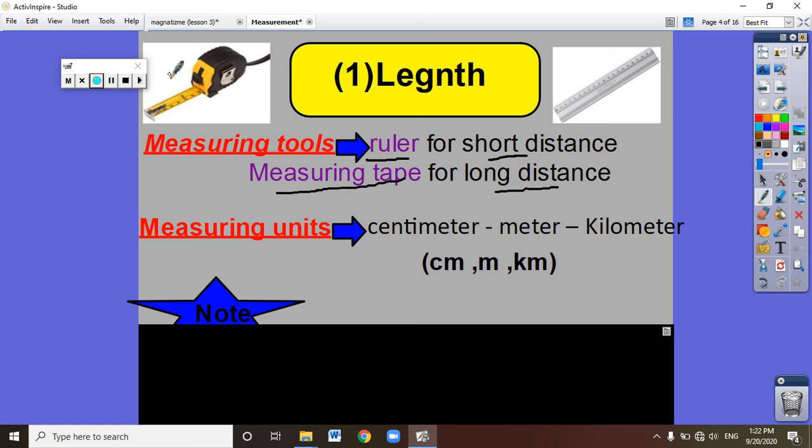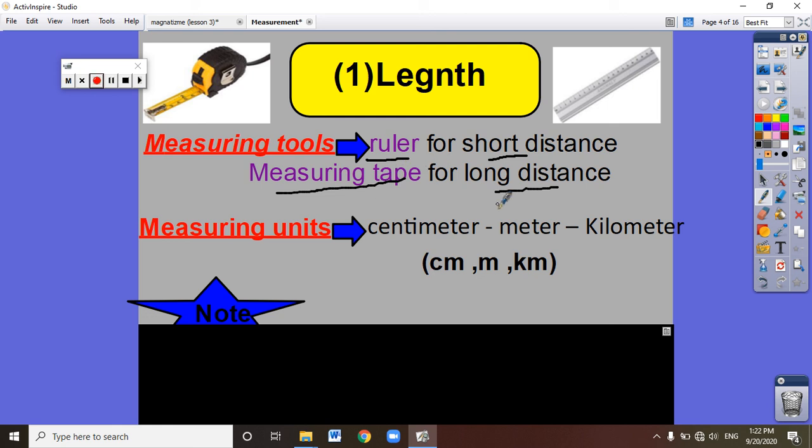I will use the tape. I want to measure the length of my mobile. I will use the ruler. So we use the ruler for short lengths and the tape for long distances or long objects.